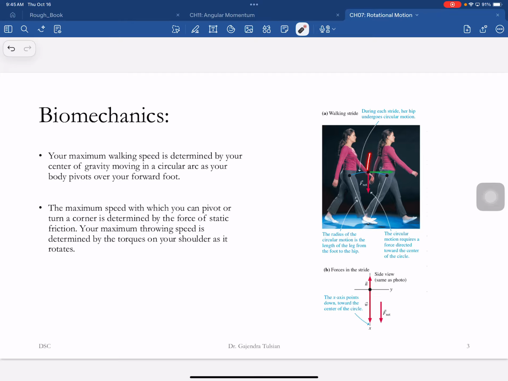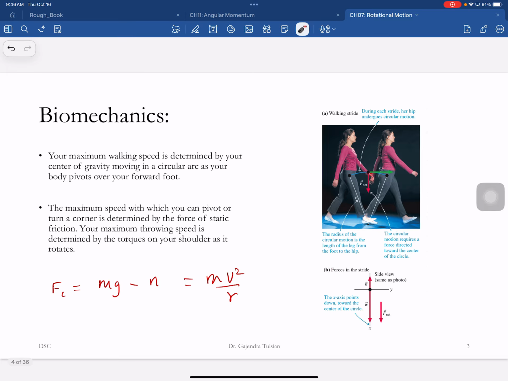Okay, so for the centripetal force, you need a force in toward the center. So the centripetal force is the weight of the lady, weight is mass times gravity, m times g, minus the normal force, and that is equal to the centripetal force.